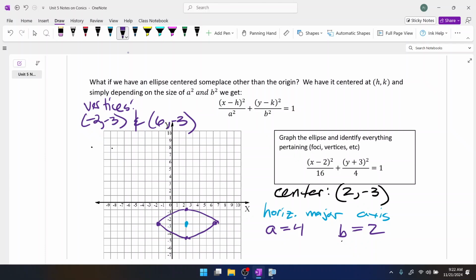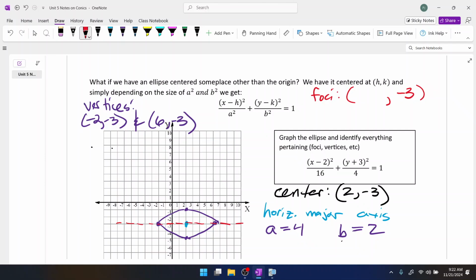So our foci, whatever the x values for the foci are, now that's going to be a little bit tricky here, but they are going to be along this axis here. So the foci will be somewhere, it's actually going to be 2 different values here, but -3 is still going to be the y value.